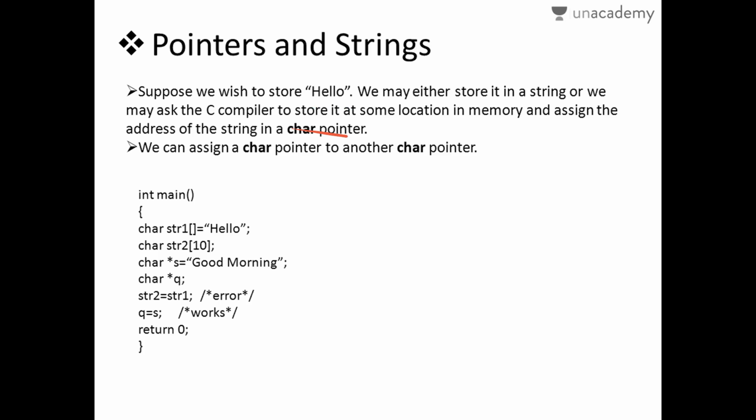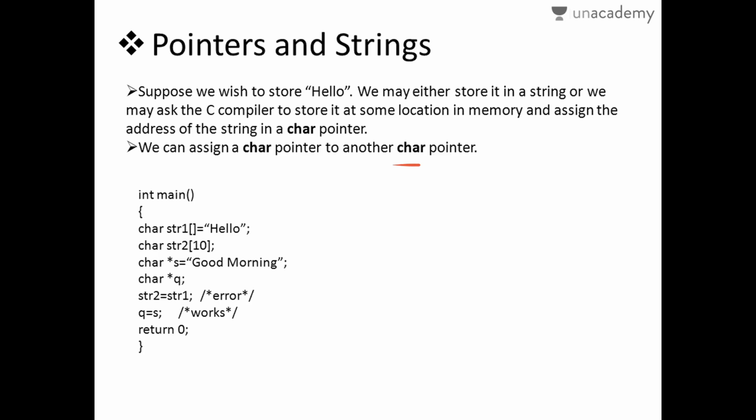As another simple way, we can assign one character pointer to another character pointer. For example, I'll use a string and then assign it to another character pointer. When I assign these two character pointers, I can simply get hello as an output.